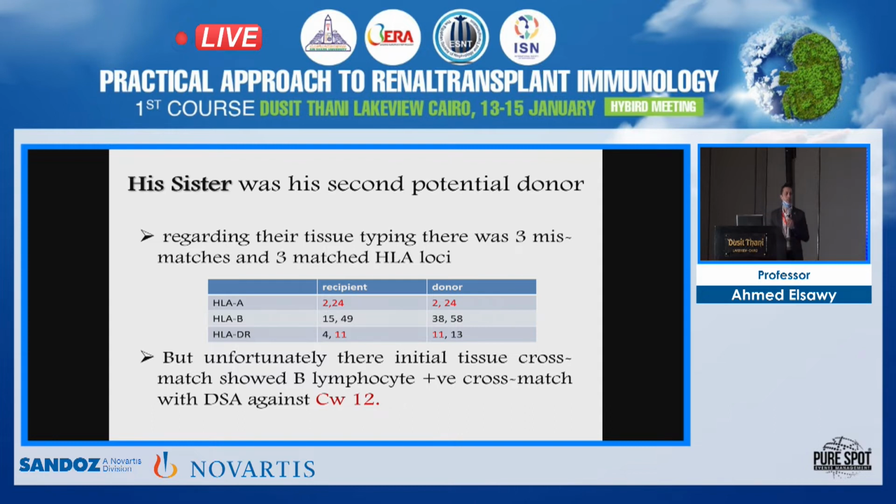Number one, in this case, the PRA was high in the first one, and also DSAs, and the cross match positive for B lymphocytes is not a contraindication. The most important contraindication is a positive T lymphocyte cross match. Okay, but the outcome, it will lead to antibody-mediated rejection later post-transplant, or affect the survival of the graft.